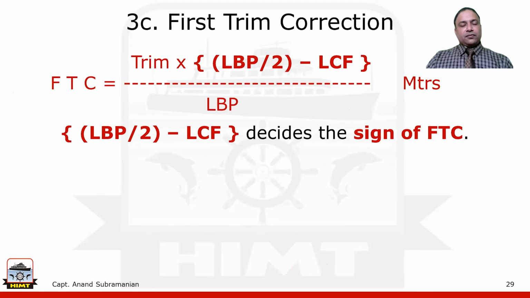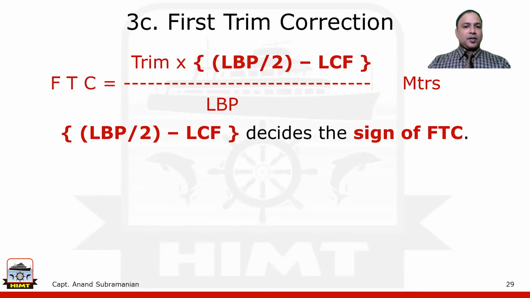Now, again, we have to decide the sign of this first trim correction. If you look at the formula very carefully, the LBP by 2 minus LCF is the one which decides the sign of this particular answer. The trim is a static quantity which is always obtained from the numerical, and the LBP is also a static entity.